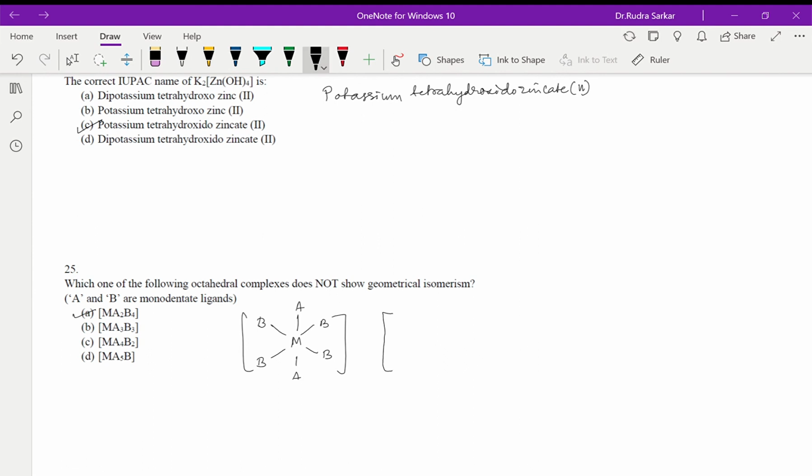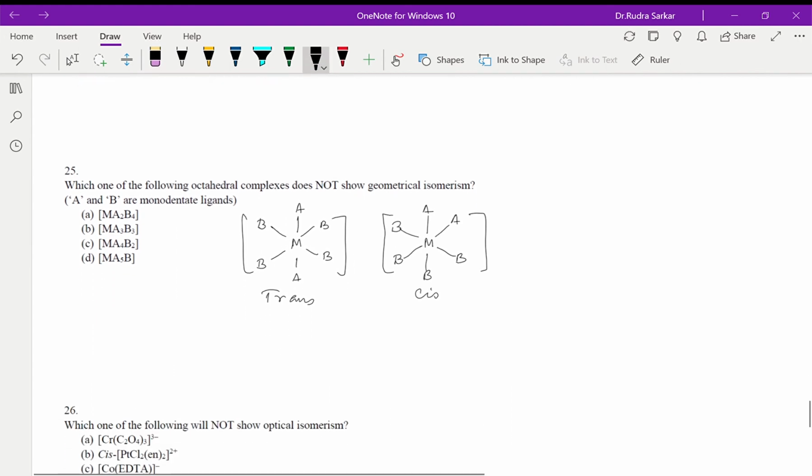Then we can have this in the cis form. So this is trans, this is cis. So this will show GI.